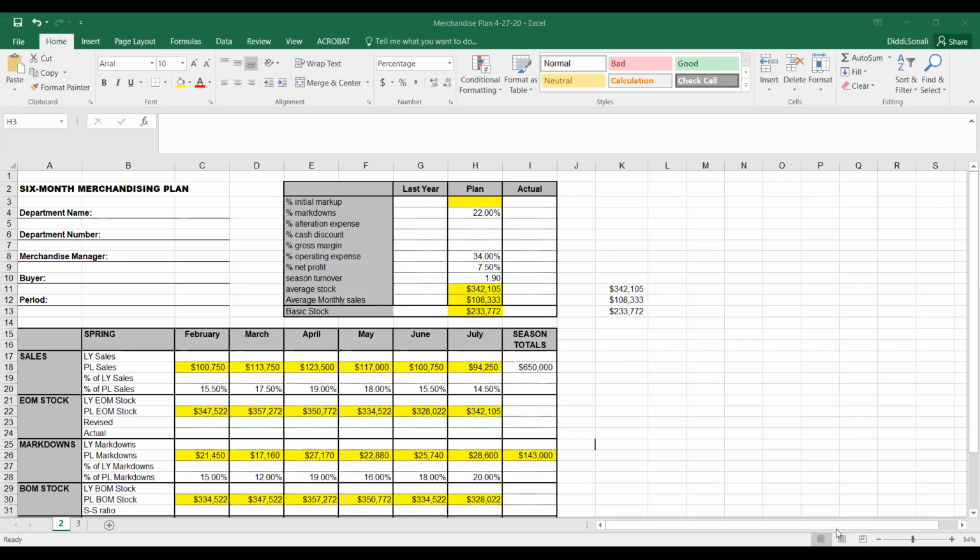Is everybody still calculating the initial markup percent? It's going to be profit plus expenses plus retail reductions, which would in this case be only markdowns because other information is not given to us.